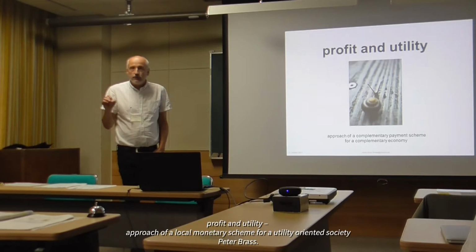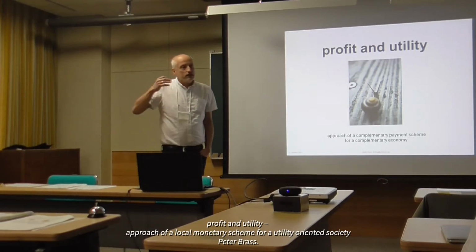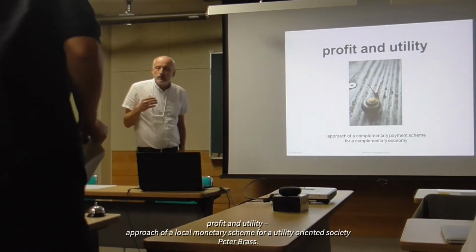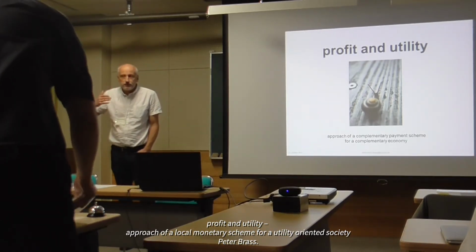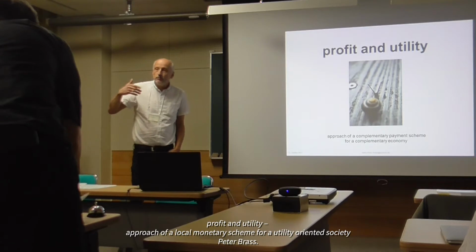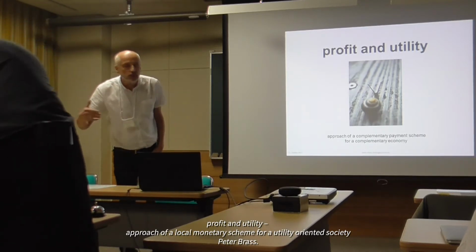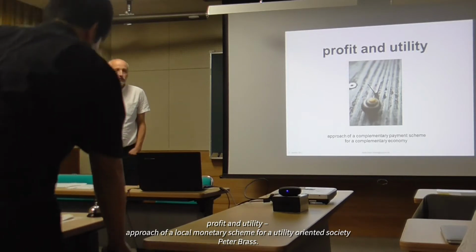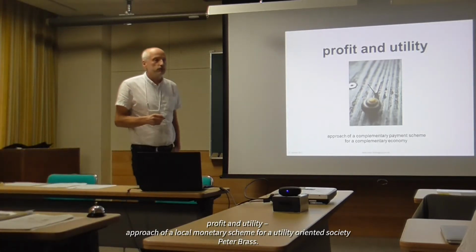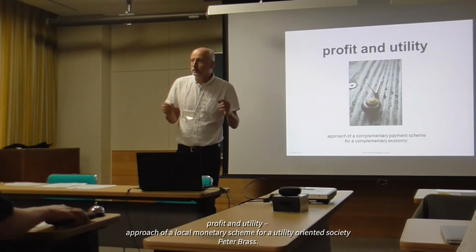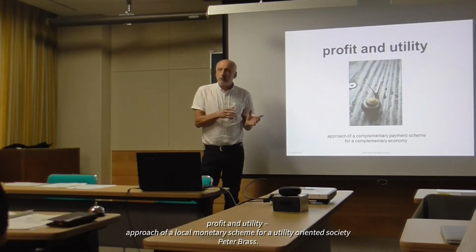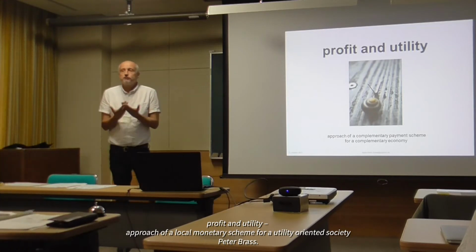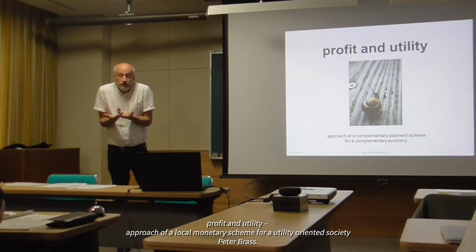And profit and utility is a theoretical approach of a payment scheme to support the movement into a complementary economy. The basic idea of this system is very, very simple: to divide the price in two parts. One part which we have to pay in the profit-oriented system, which we can't avoid, things which we have to buy, which we can't do by ourselves.